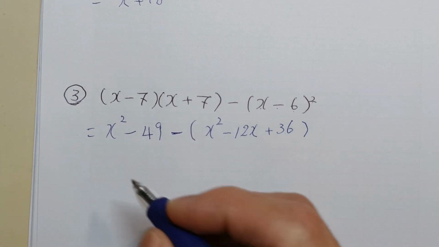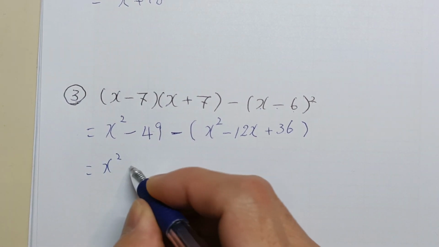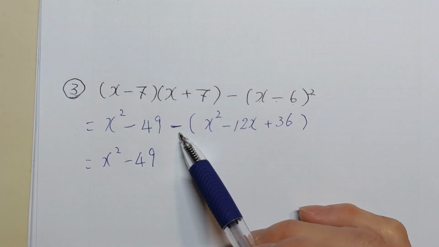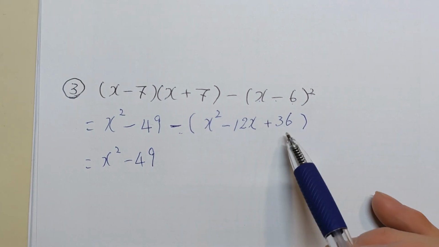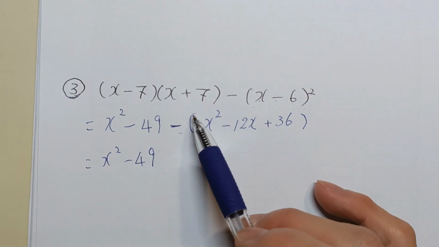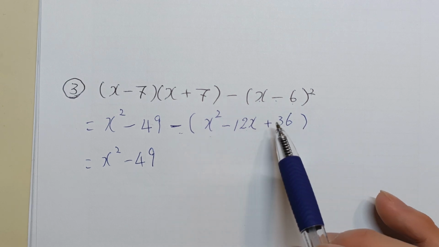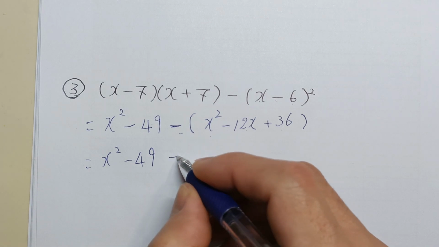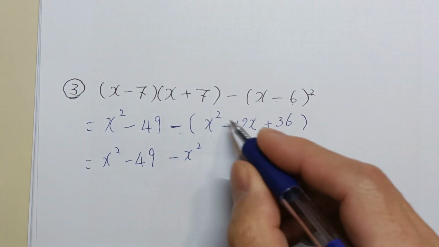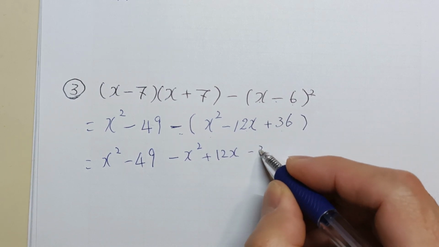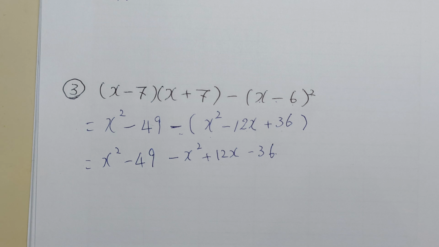Right? So the next step is negative bracket, then there are 3 terms, which means if you want to get rid of the bracket, you need to change the sign for all of them, okay? So which means negative x squared, then negative positive 12x, and then negative 36. One student asked me why we have to change all of the sign here.